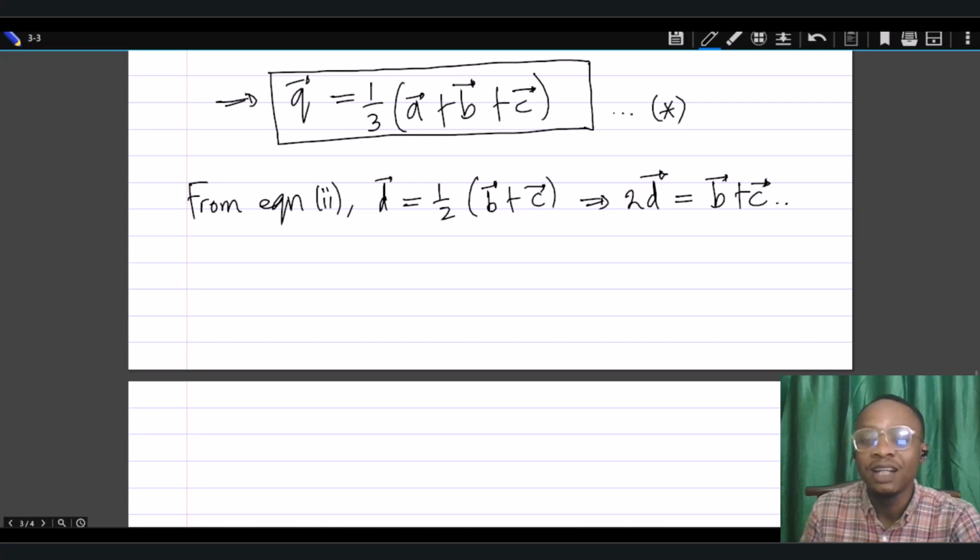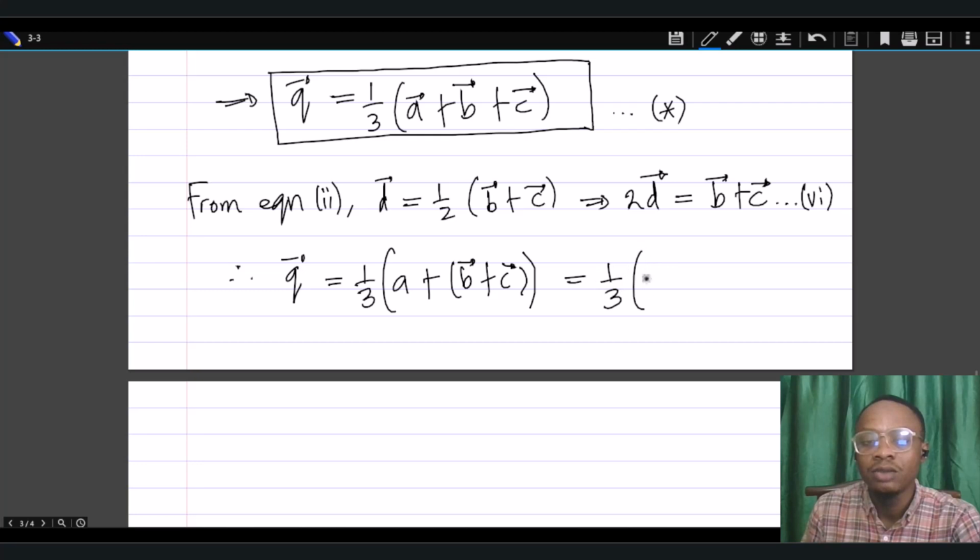And now we can insert this in this relation. So let's say this is equation 6, we can put this right here. Therefore, using equation star, we can say that Q will be equal to 1 over 3 into A plus, instead of B plus C, which is normally B plus C, let me use brackets still, we can write it as 1 over 3 into A plus 2D.